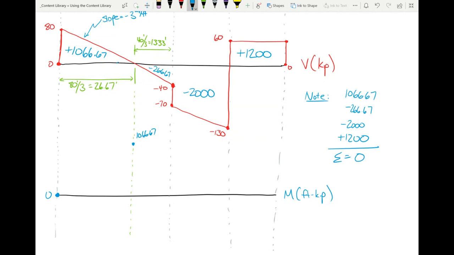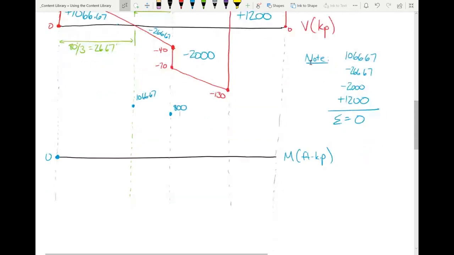So I start at 0, I go up 1066.67, then I drop 266.67, and that's going to put me at 800. Then I drop down from 800 another 2,000, and that puts me at minus 1,200, and then the positive 1,200 brings me back up to 0.